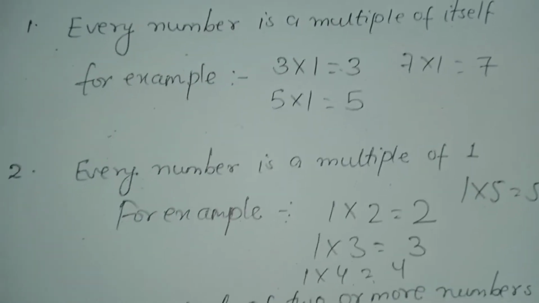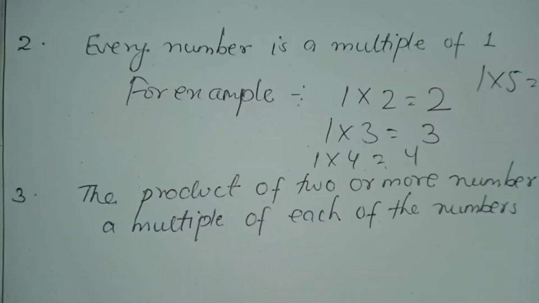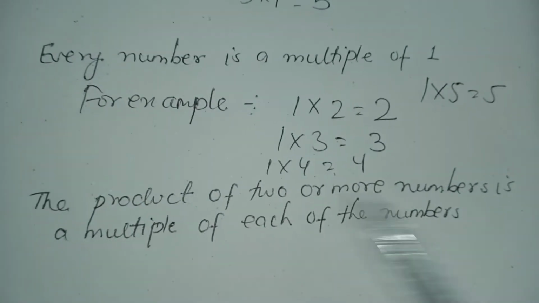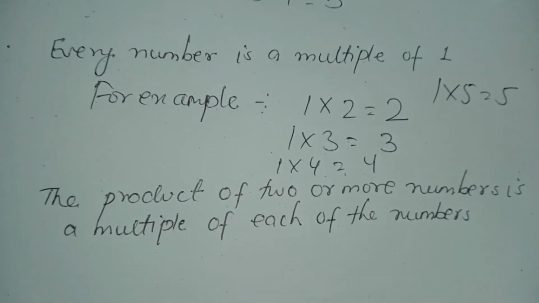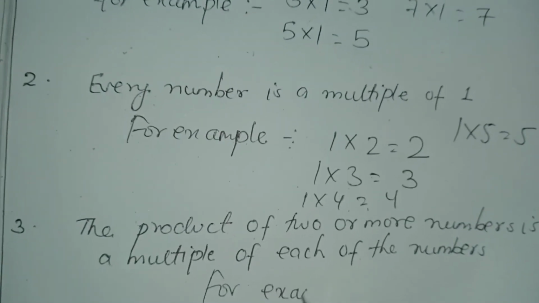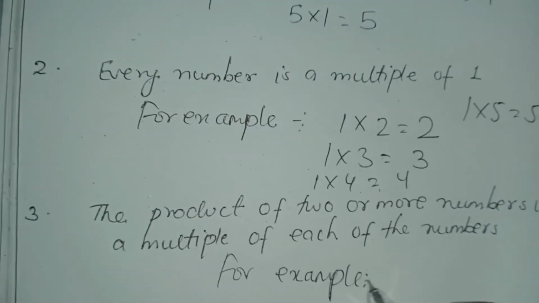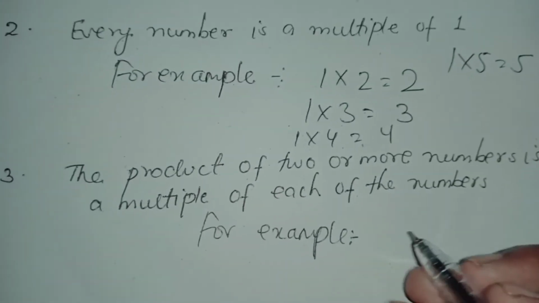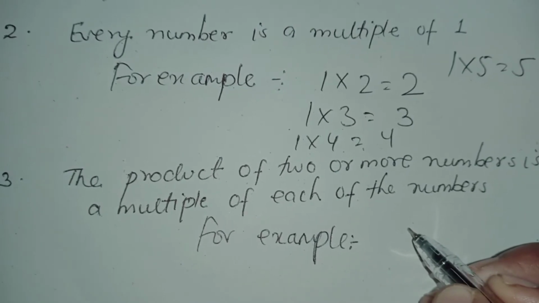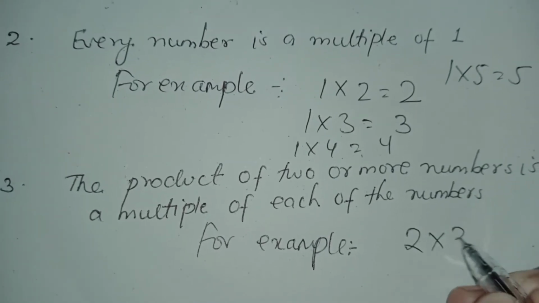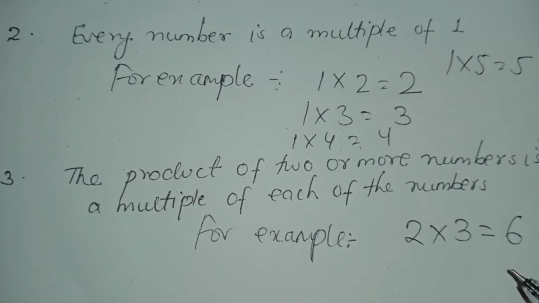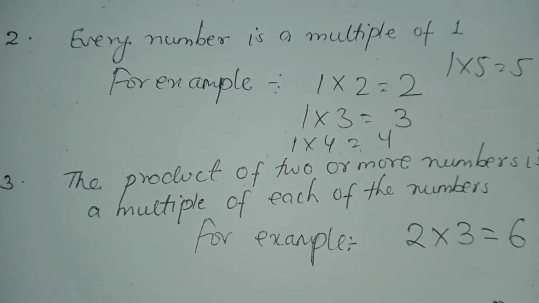Now let's see the last property. The product of 2 or more numbers is a multiple of each of the numbers. Now this one is very easy. For example, it is saying that when 2 or more numbers are multiplied, here I am multiplying 2 into 3, that means 2 3 ja 6.